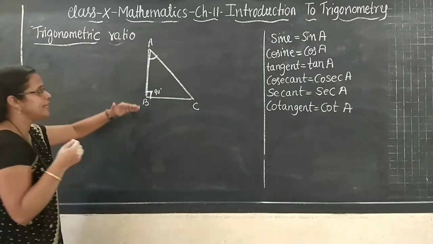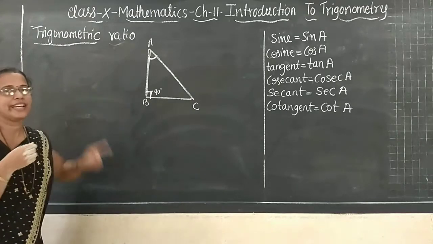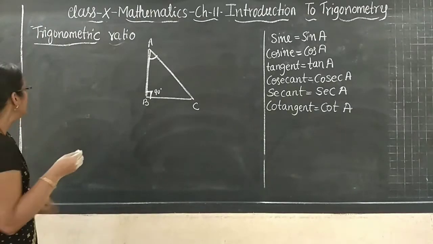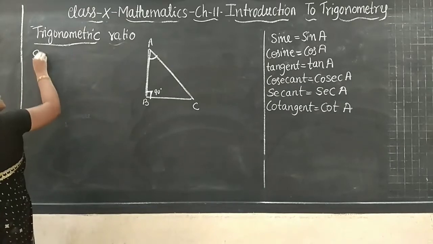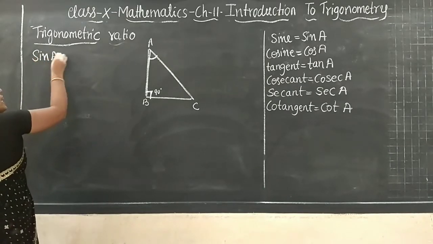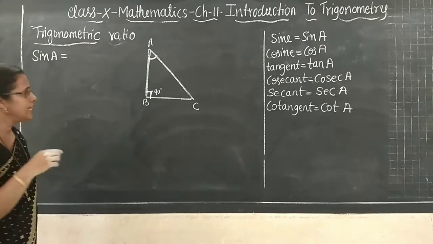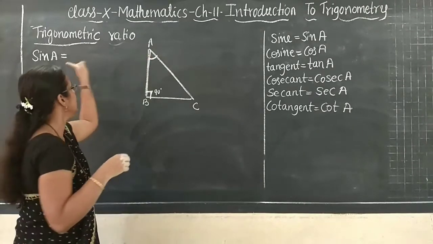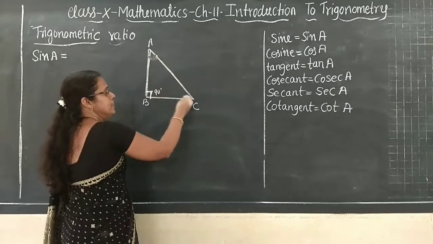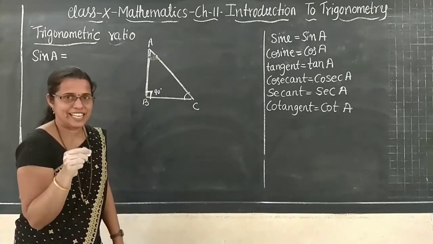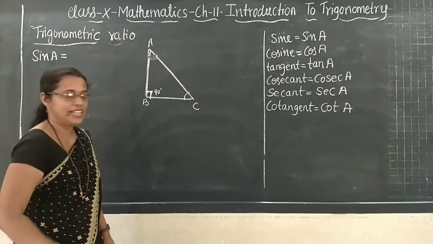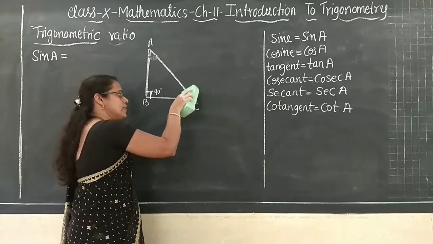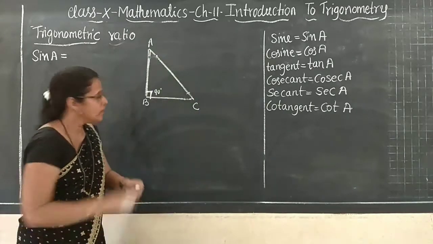Then how to write the ratios with respect to angle A? Let us write, children. First one is called as sine A. Sine A means I mark A means sine A. If I mark here, it is sine C. Is it okay? Which angle they said to mark, that only you have to mark.